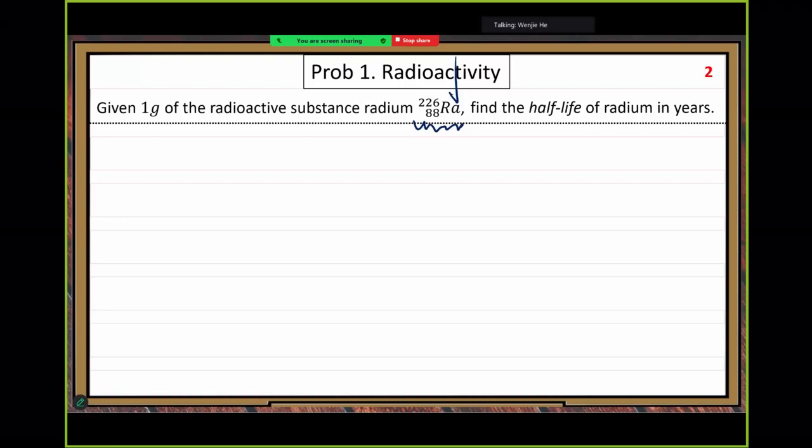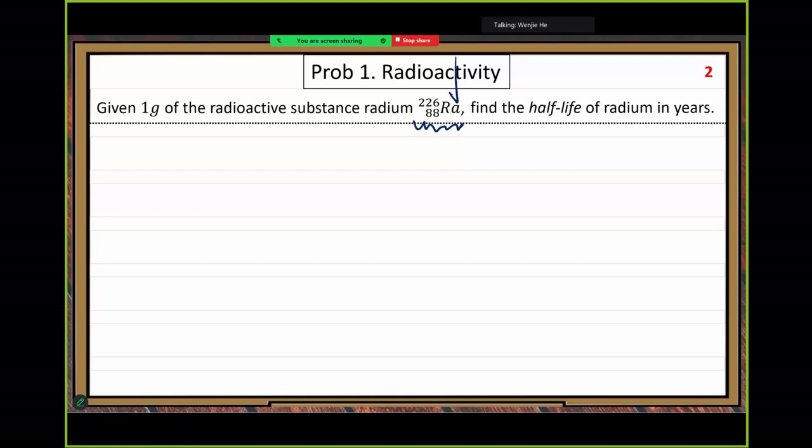So you need a special constant corresponding to this particular isotope. Then you can find a half-life. But let me give you more information before we can find a solution.